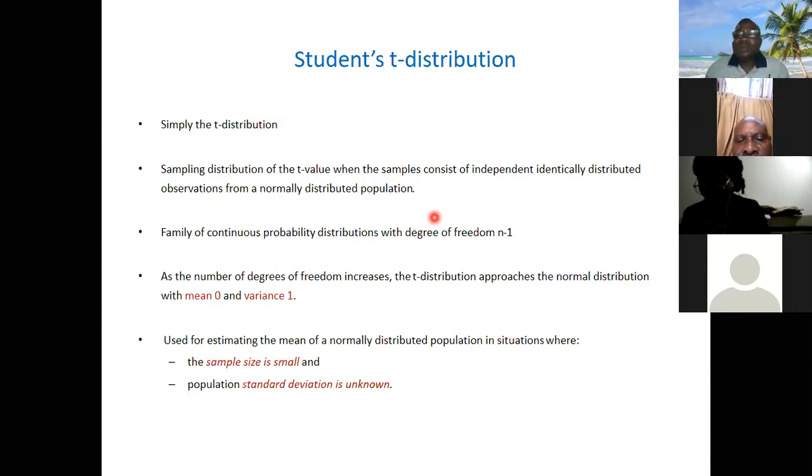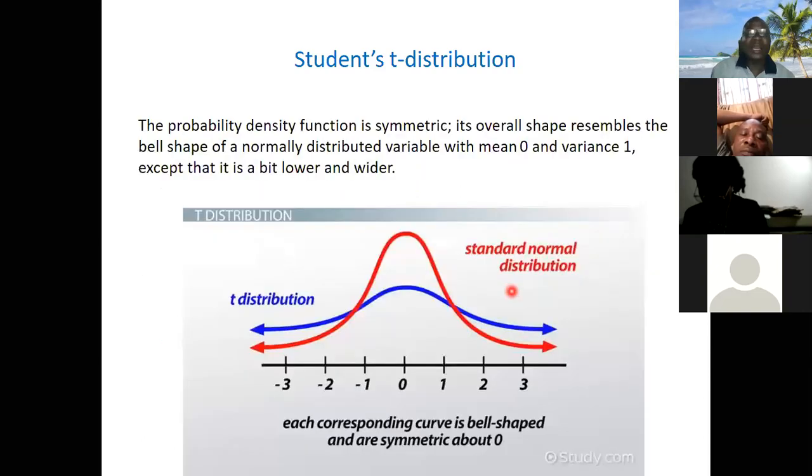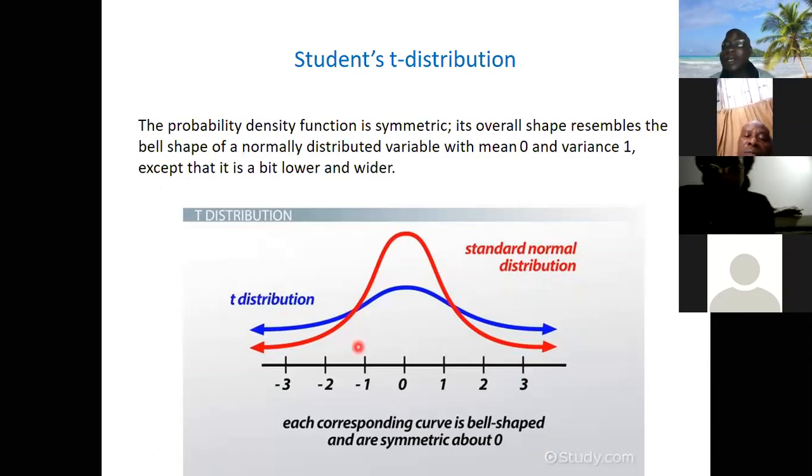It's like the normal distribution, but there are some differences in it. Look at the picture. You will see that the red one is the normal distribution. You know, it's bell shaped. But the T distribution also is bell shaped, but it's flatter and it has a wider base.